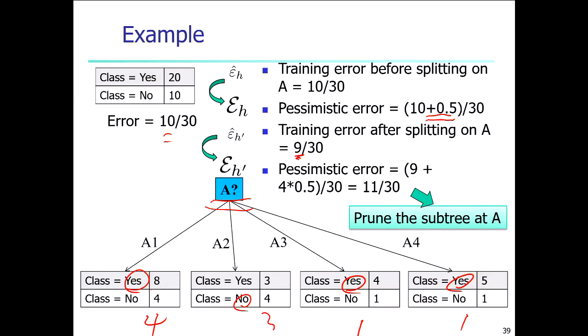It's 9 here. And the pessimistic error would be 9 plus 0.5 times 4. 4 is the number of children of this node.